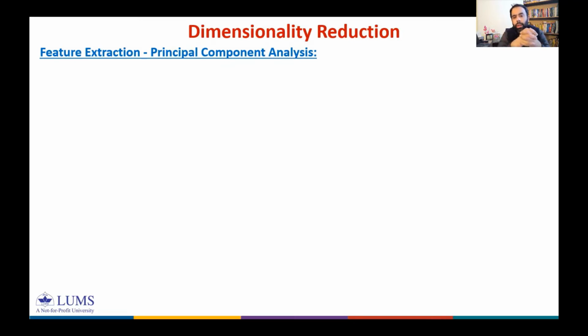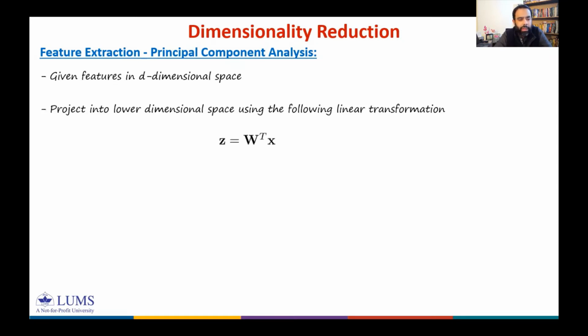And finally, I will conclude with the help of one example to illustrate this mathematical formulation. We very briefly formulate that given features in d-dimensional space, we want to project into a lower dimensional space using the following linear transformation, right? So this is a linear transformation. If this x belongs to R^d and this z vector belongs to R^k.